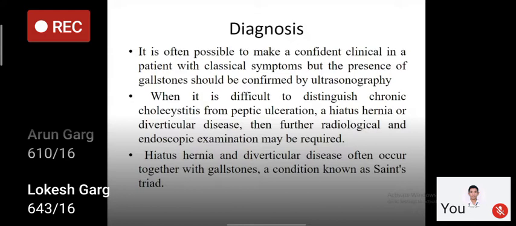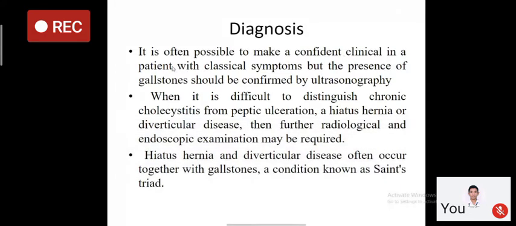So how is the diagnosis made? It is often possible to make a confident clinical diagnosis in a patient with classical symptoms, but the presence of gallstone should be confirmed by ultrasonography. There are so many differential diagnoses of pain in the right hypochondrium, and to confirm the diagnosis, you have to always do ultrasound.